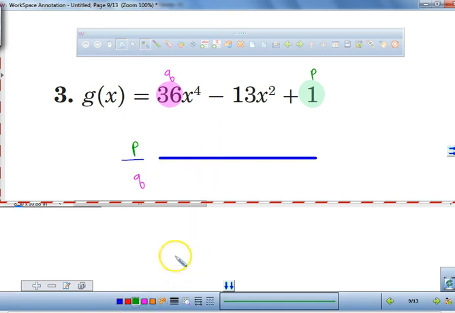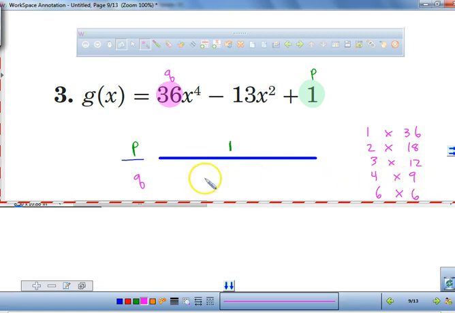So p is easy. The only factor of p is 1. The factors of 36, we have a 1 and a 36. Got it. 4 and 9. 4 and 9. And there's one more. I left the slot open for this one. Don't leave it out. 3 and 12.